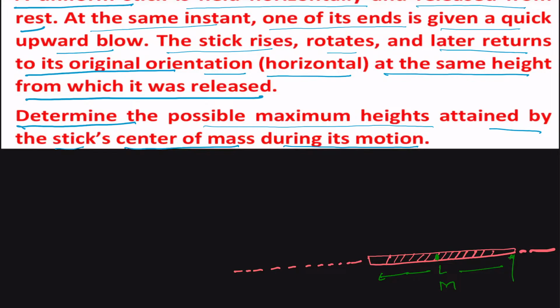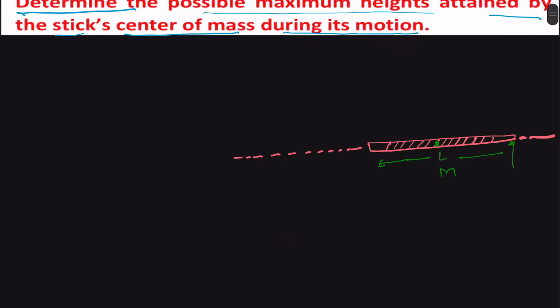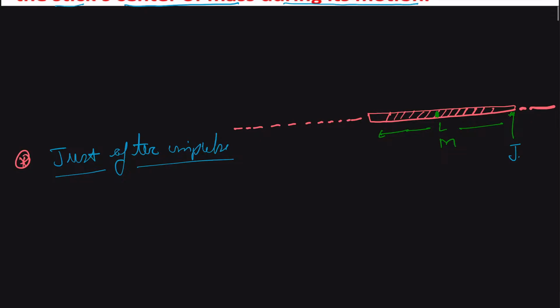So therefore we are going to consider just after the impulse, and this is the position where we have applied the impulse.